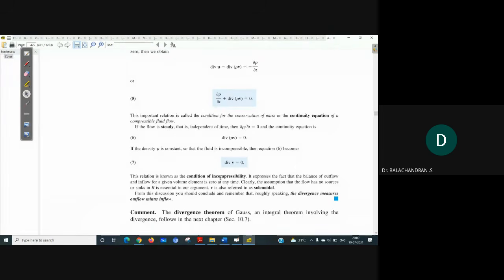Already I told that condition of incompressibility. Yesterday also I sent some problems in the PDF. Out of 4 problems, 2 problems are related to the condition of incompressibility. You can check. One more thing is mentioned here: from this discussion, you should conclude and remember that, roughly speaking, the divergence measures outflow minus inflow.